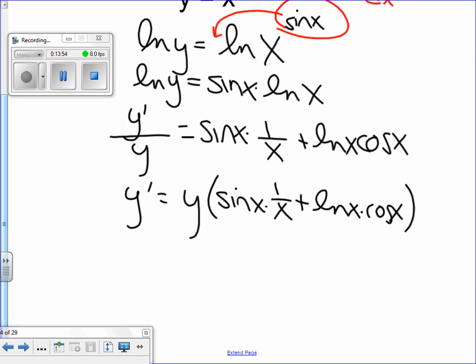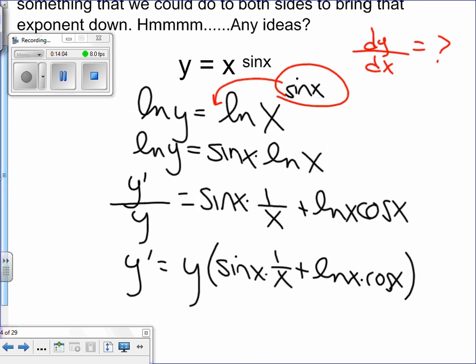Now, there's just one other step. There's a y in there. Do we know what y equals? Remember in the beginning? y equals x to the sine x. We're just going to substitute that in, right down there, because we had y prime over y, so to get y prime, you multiply each side by y.